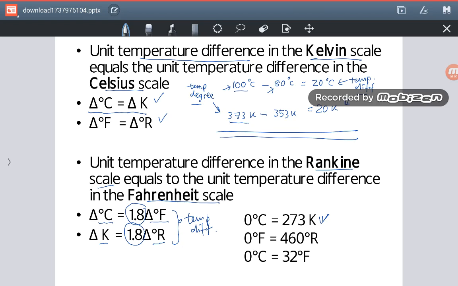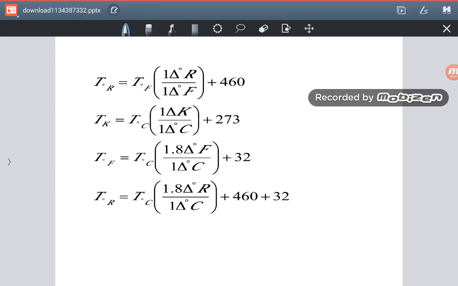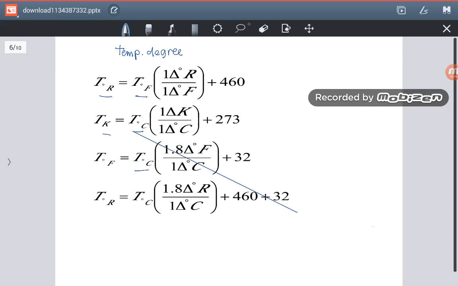Okay, this is for the temperature degree, where these are some of the formulas that you can remember and try to understand in order to convert, let's say, from Fahrenheit to Rankine, from degree C to Kelvin, degree C to Fahrenheit, and degree C to Rankine. What you need to do is just use this formula.